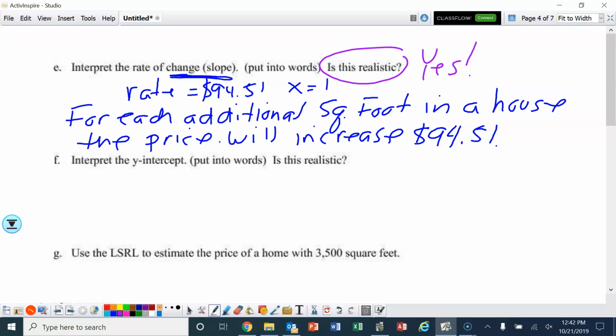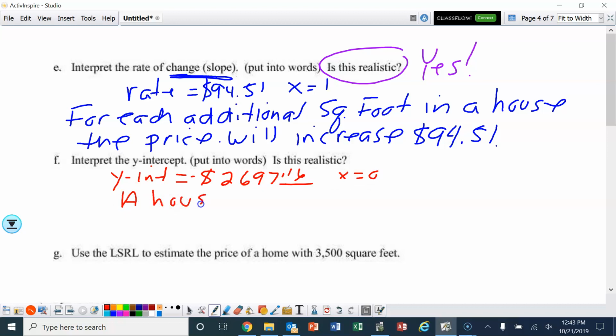So think about that. Interpret the y-intercept. Well, the y-intercept is the negative 2,697.16. Okay, well, that's where x would be 0. So what does that mean?